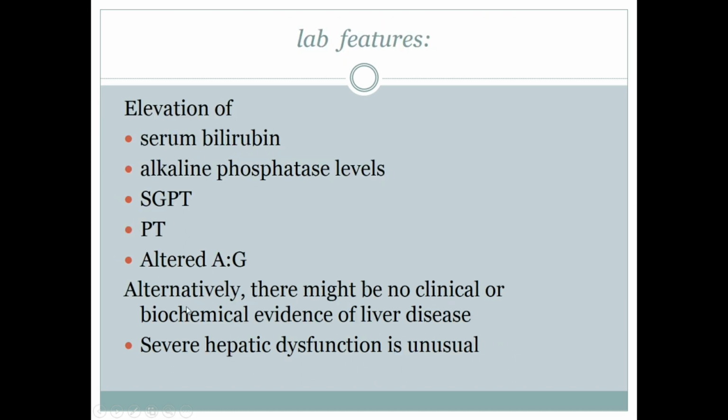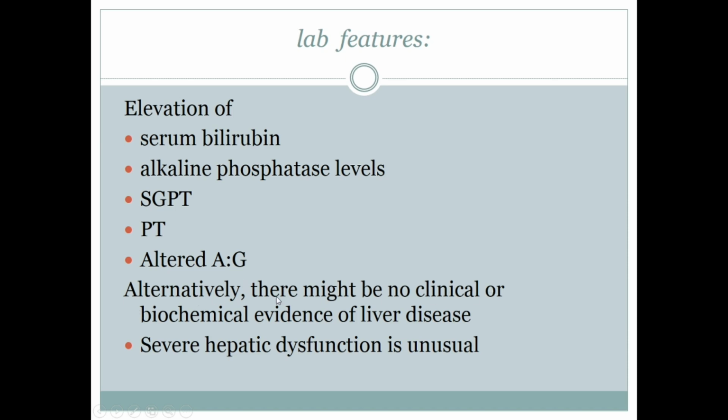Lab features, obviously LFT will be deranged, serum bilirubin will be raised, alkaline phosphatase, SGPT, prothrombin time is very important. Whenever there is a liver disease, coagulation disorders may set in because of the PT being deranged, and altered albumin globulin ratio will be there.